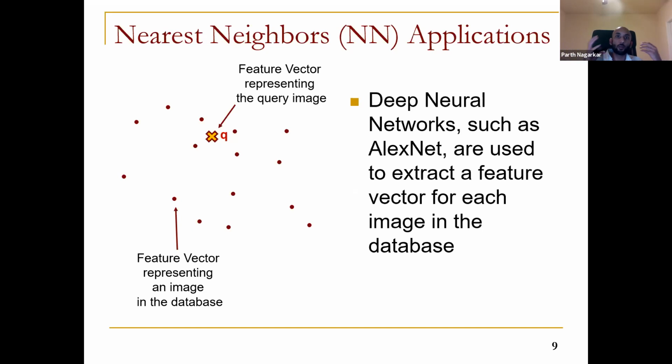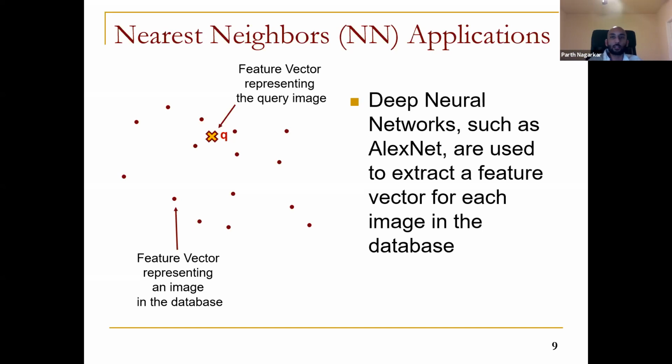So once you use these deep neural networks to extract features, if you give an image of a cat and ask, give me images similar to this cat, then internally a nearest neighbor query has to be executed in order to find these similar images.